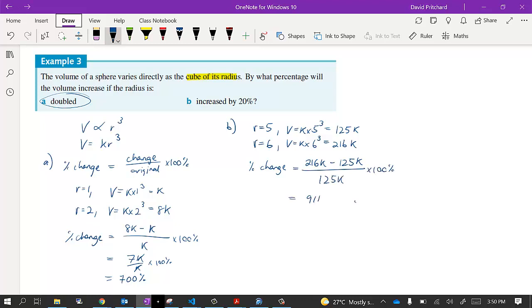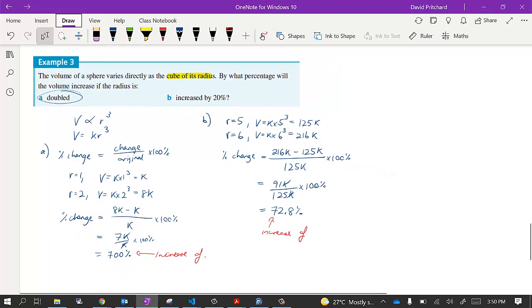That gives us 91K over 125K times 100%. K's cancel, and we're left with an increase of 72.8%.